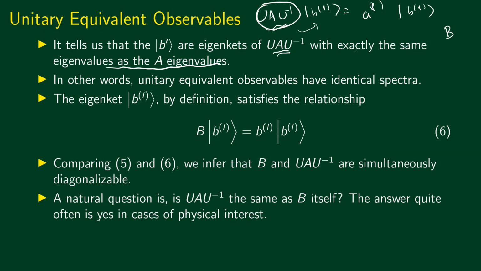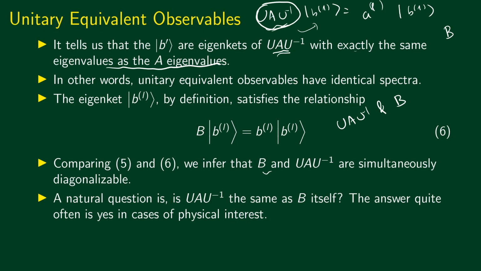This means that ket b_l is a simultaneous eigenket of both U A U inverse and operator B. In other words, B and U A U inverse can be simultaneously diagonalized.